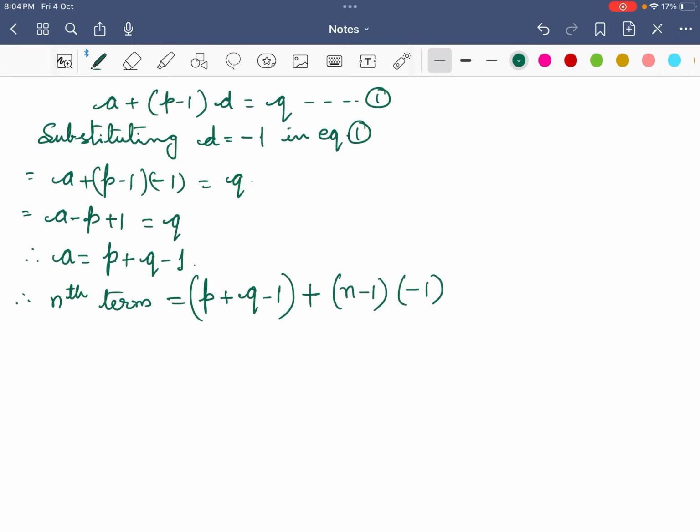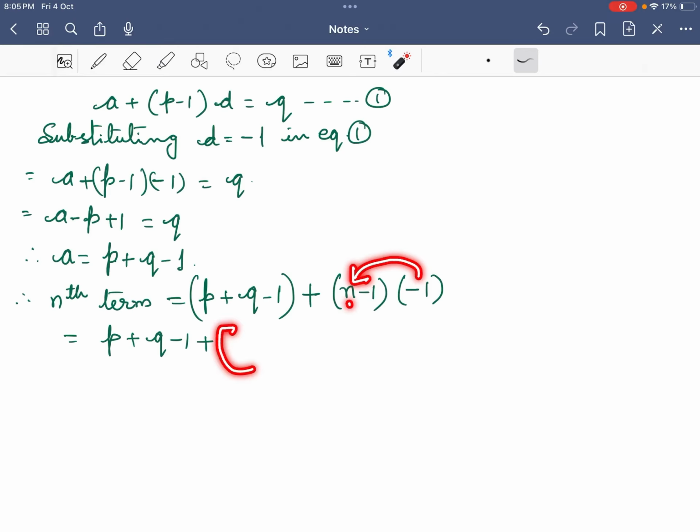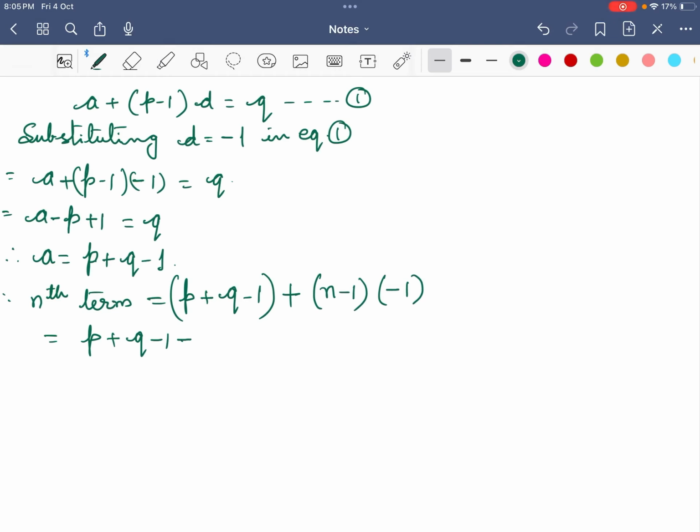So now see, that will become p plus q minus 1 plus, now multiply this minus with n. Minus 1 multiplied by n will be minus n. So in place of again writing and writing, I can now erase this plus and I can directly write here minus. I hope you are getting. It is minus n. And now this minus 1 multiplied by this minus 1, it will be plus 1. So I am writing here plus 1.